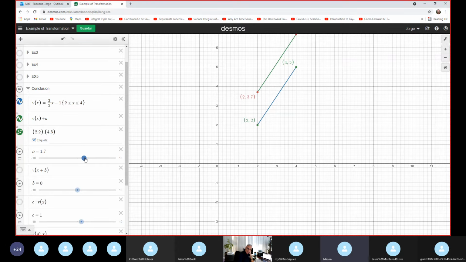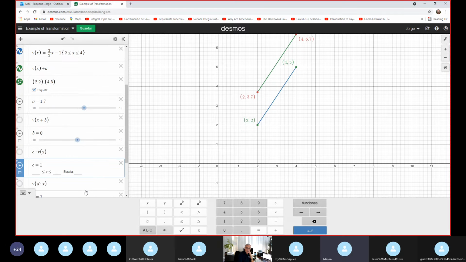Look at that. So the blue one is the basic segment. The green is the transformation. The thing we're doing is addition, 2, 1.5. Now subtraction is down. Vertical shift up, vertical shift down.